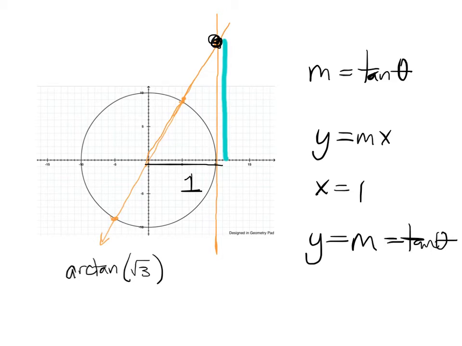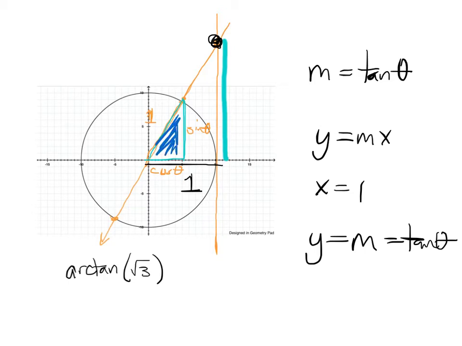Another way to think about it is I can start with the unit circle triangle, which we all know has sides cosine theta, sine theta, and 1. What do I do to trade a triangle?